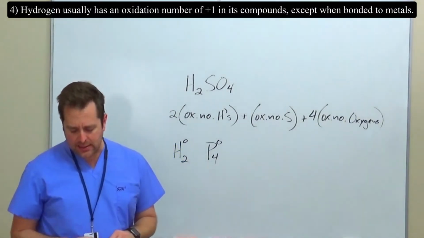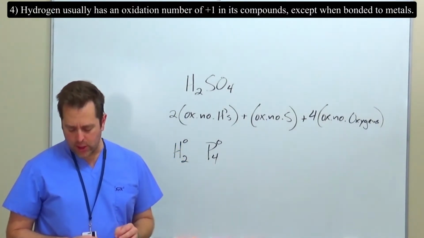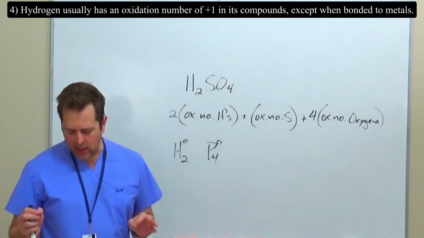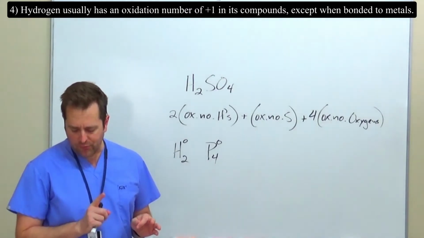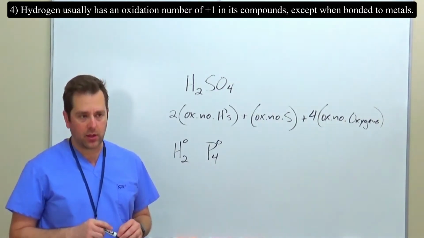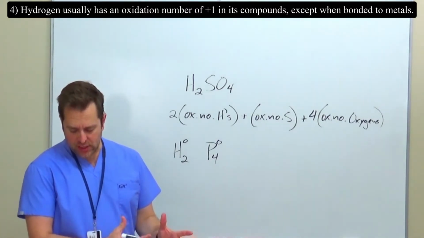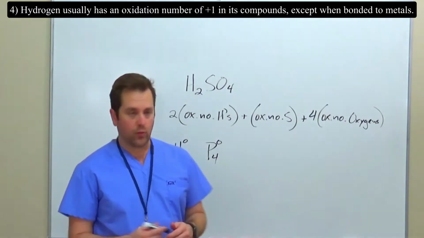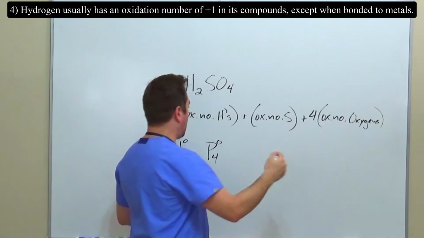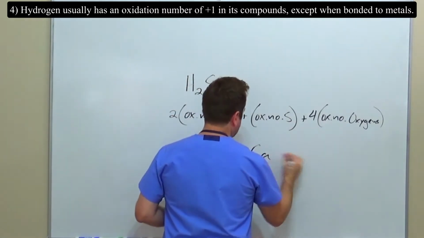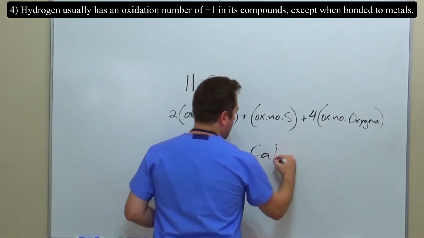Okay, guideline number 4. Hydrogen usually has an oxidation number of +1 in its compounds. However, in compounds where all the other elements are metals, its oxidation number would be -1. So for example, let's pick calcium from the alkaline earth metals. Calcium has what type of charge on it?